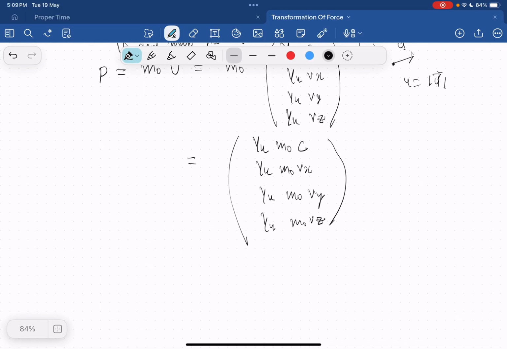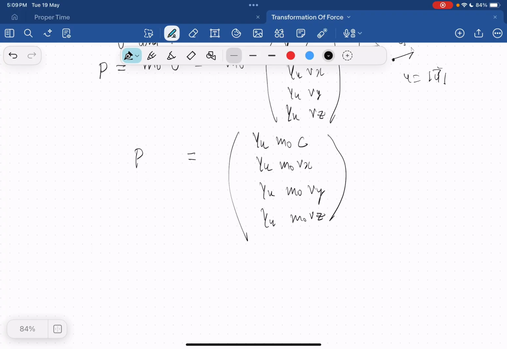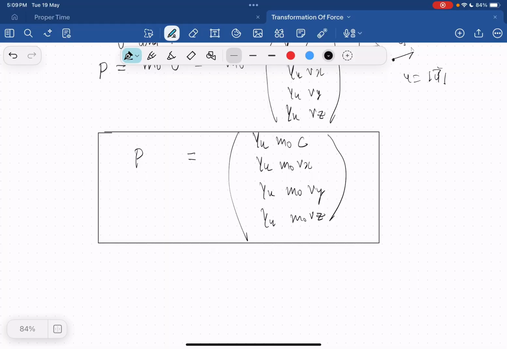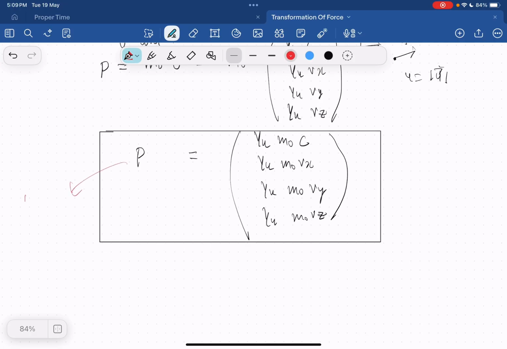This is the four vector, that is the four momentum of the particle. So this is your four momentum.